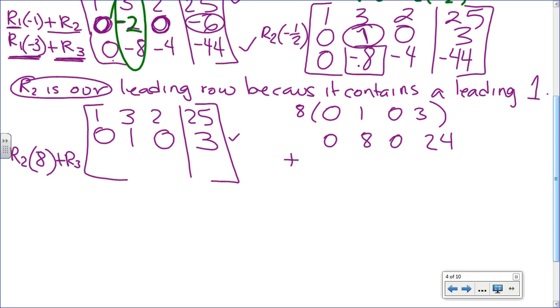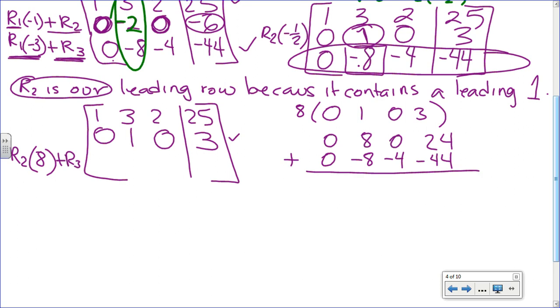And then I'm going to add R3 that is coming from here, from the previous matrix. And that is 0, negative 8, negative 4, and negative 44. That will be 0, 0, negative 4, and that will be negative 20. So that is my new R3.